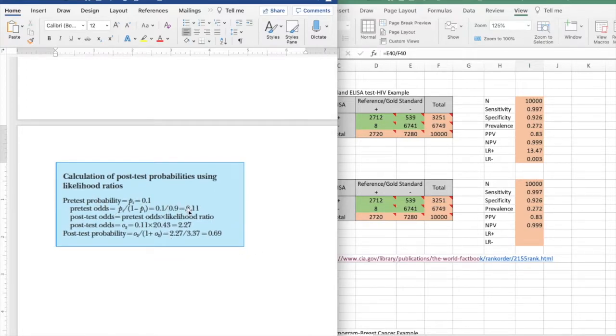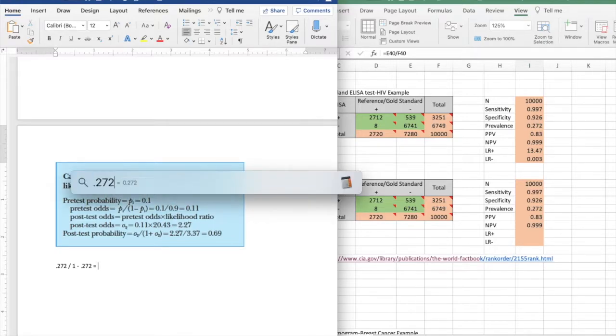We could take our pretest probability, 0.272, and convert it to pretest odds, which is 0.272 over 1 minus itself.